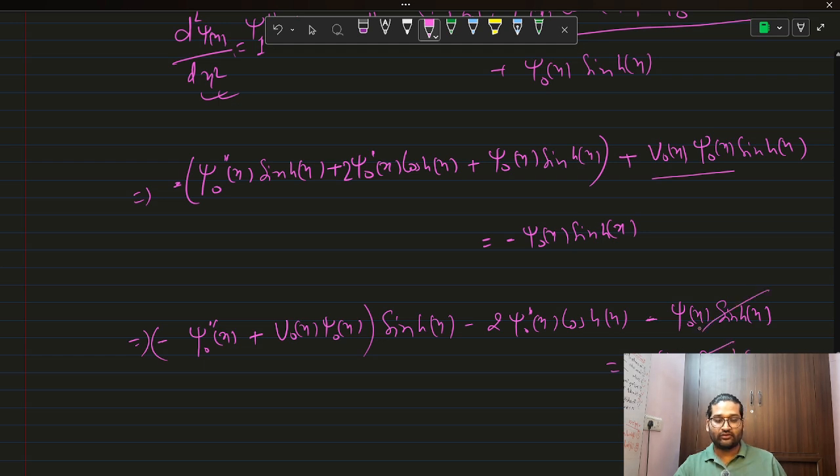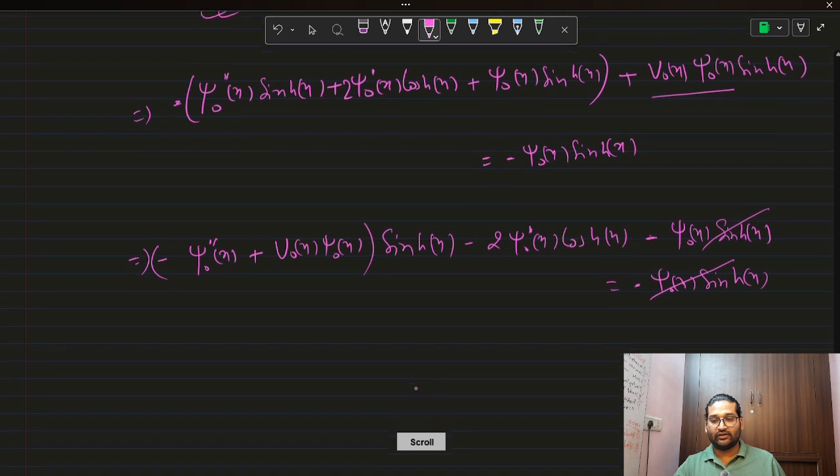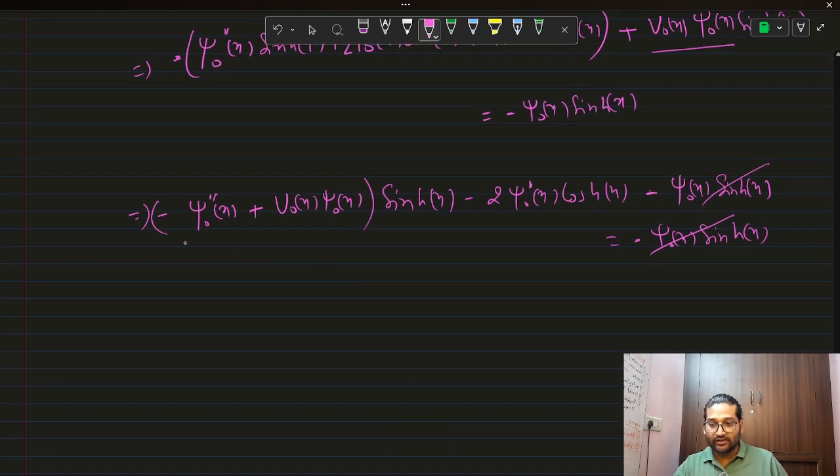So these two will be cancelled out, and this is the left side of the Schrödinger equation, or you can say Hamiltonian of the ground state wave function.